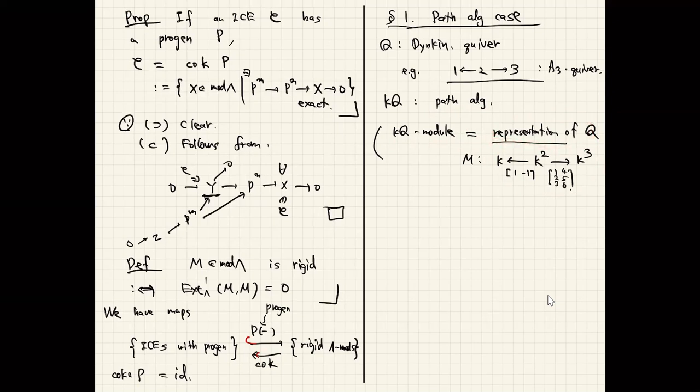Then the representation theory of a quiver is closely related to the root system associated to this Dynkin type.